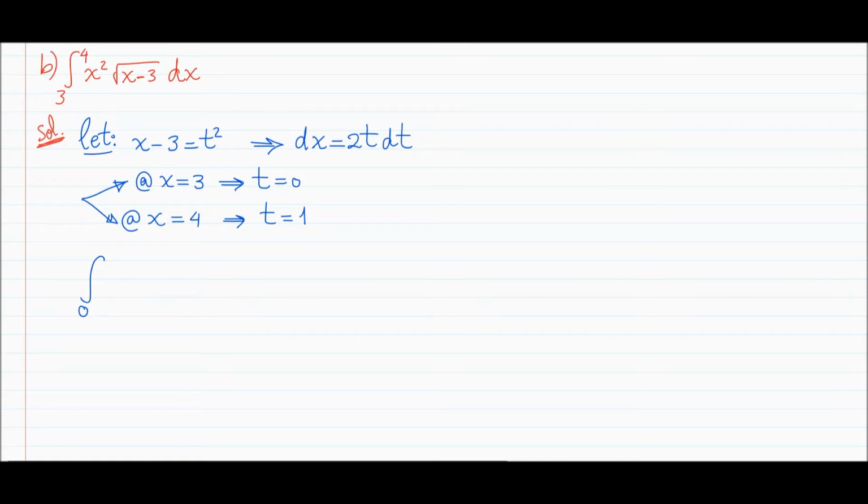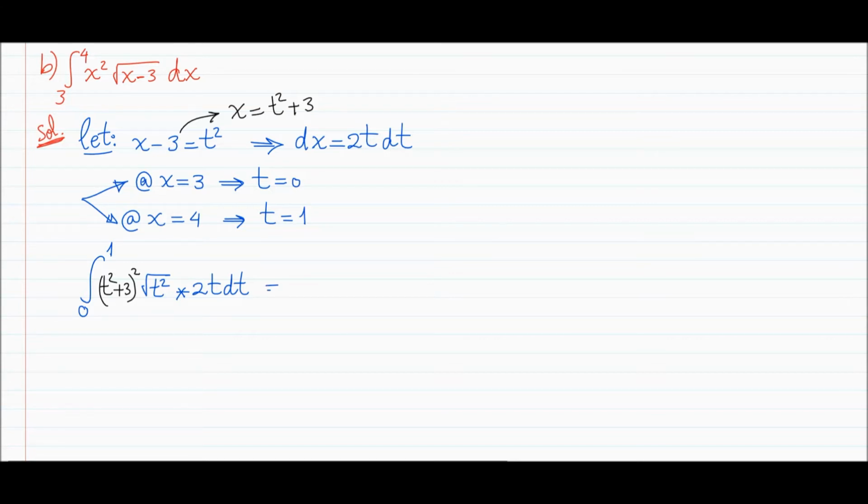Instead of 4, I write 1. The integration of root t squared and dx, which is 2t dt. And what about x squared? Here you can find x in terms of t, so x equals t squared plus 3. So x squared will be (t squared plus 3) all squared.